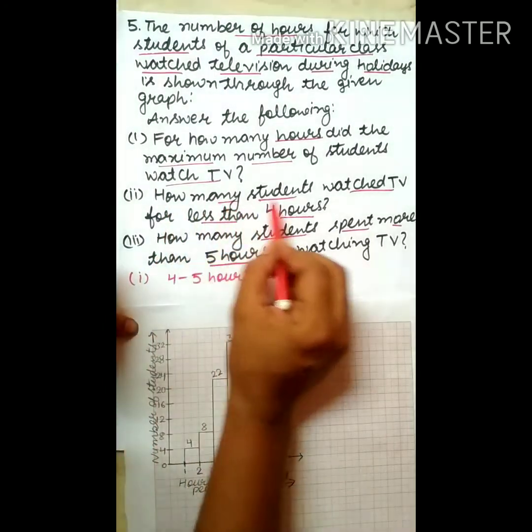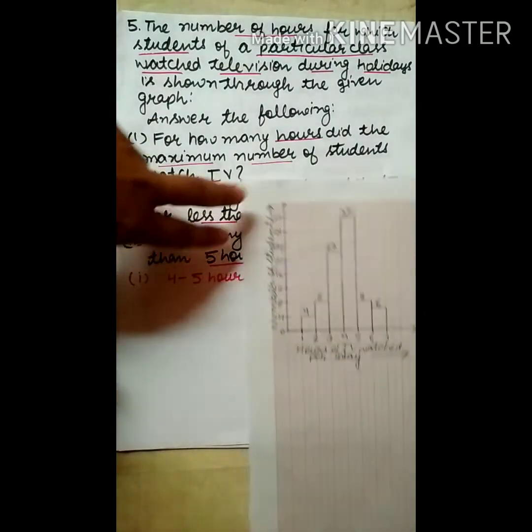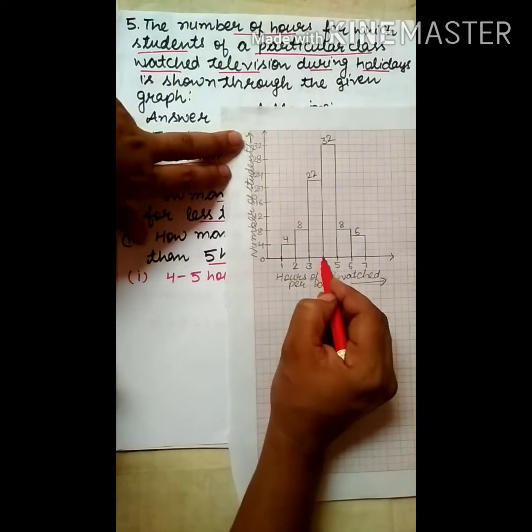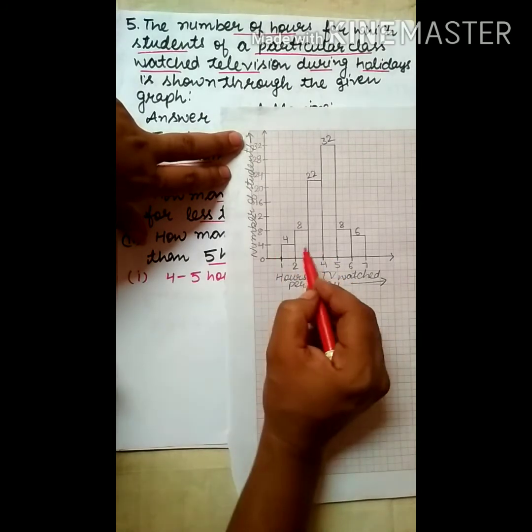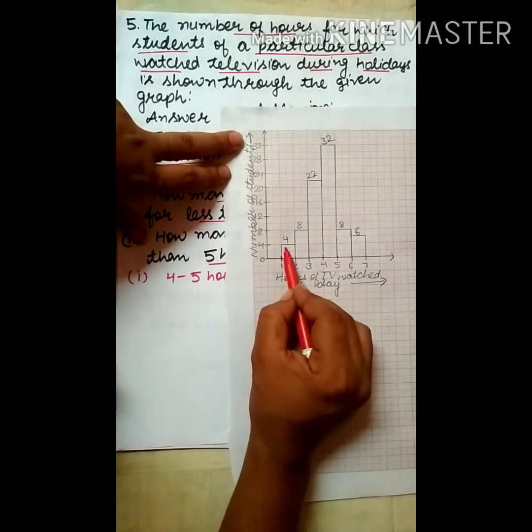Second part is how many students watch TV for less than 4 hours. Less than 4 is 3 to 4 hours, 22 students, 2 to 3 hours, 8 students, plus 4.